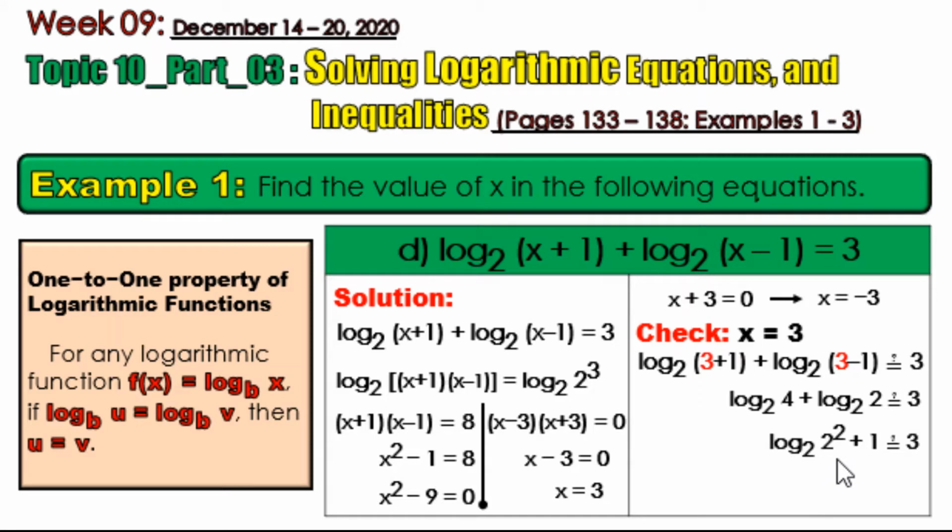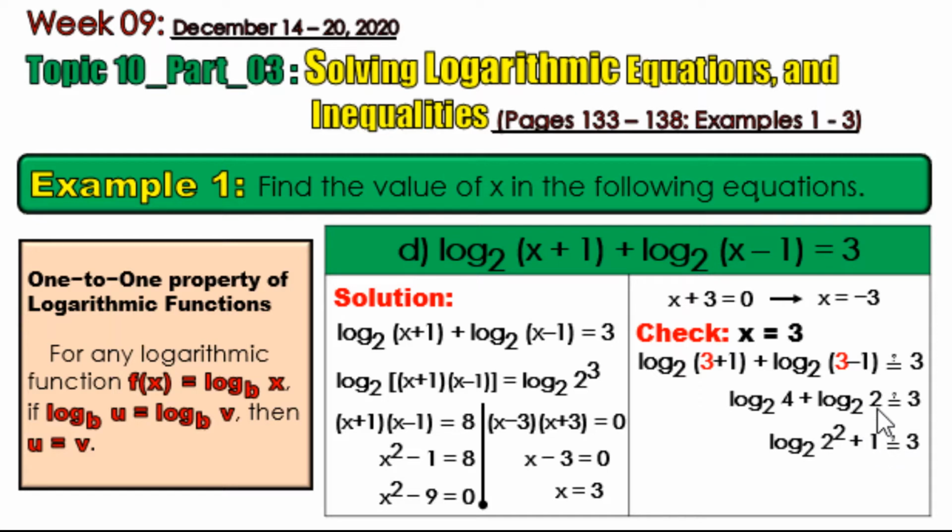So we have the logarithm of 2 squared plus 1 is equal to 3. Your 4 we can express as 2 squared. To get the value of this, you just take the exponent, so you have 2, and the value of this is 1.